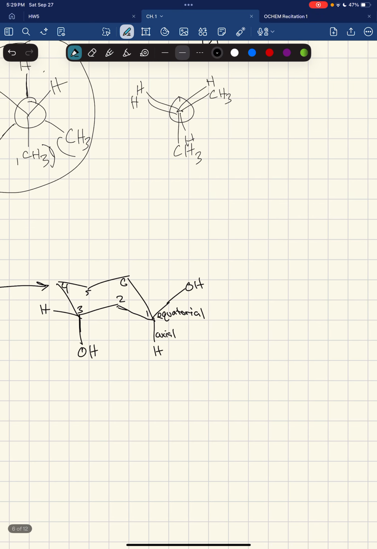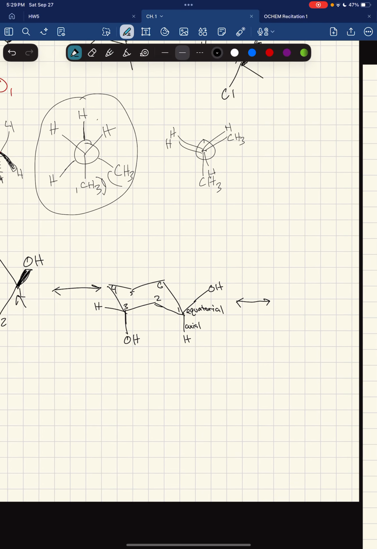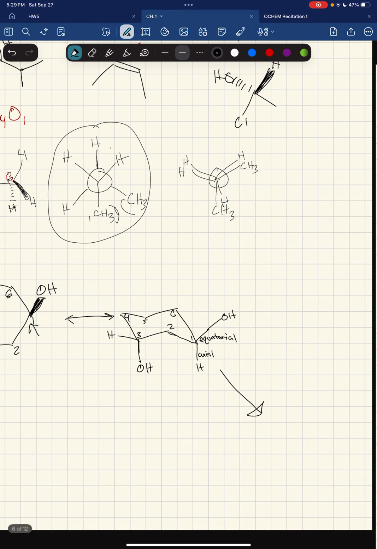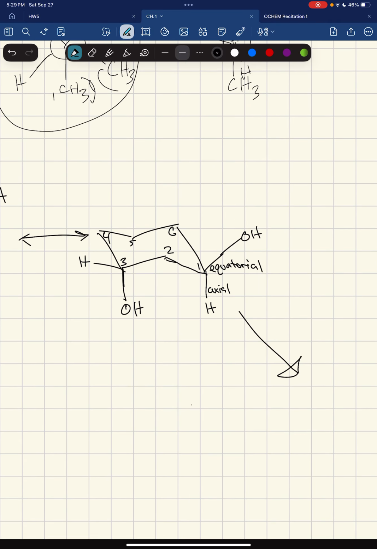And then to do a ring flip, I'm going to go down because we don't have space. You're going to want to draw the same type of thing, but with the opposite angles. And make sure you number your carbons the same.